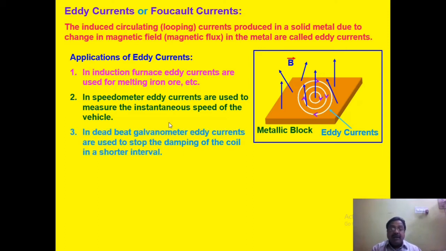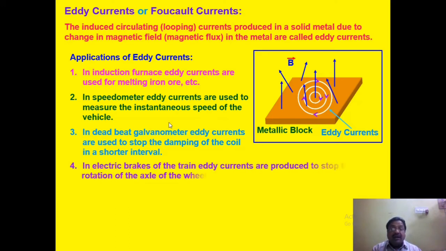Number three, in a deadbeat galvanometer, eddy currents are used to stop the damping of the coil in a shorter interval, in a very small time. And in the electric brake used in trains, eddy currents are produced to stop rotation of the axle of the wheel. So eddy currents are responsible for application of brakes in trains.